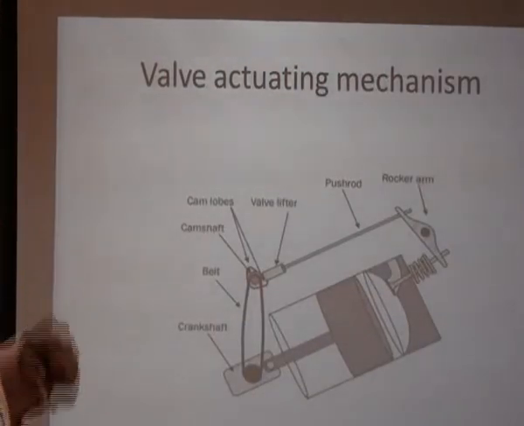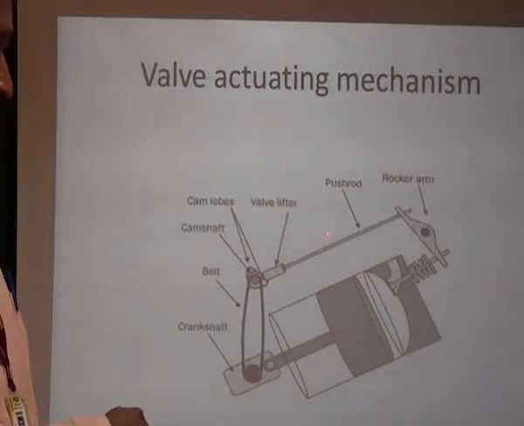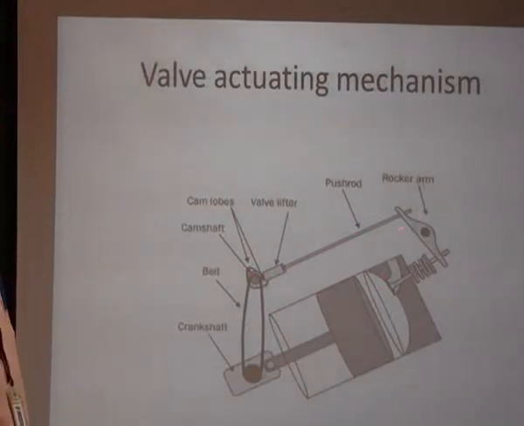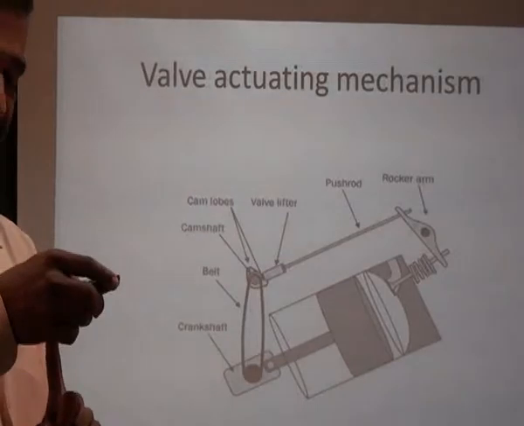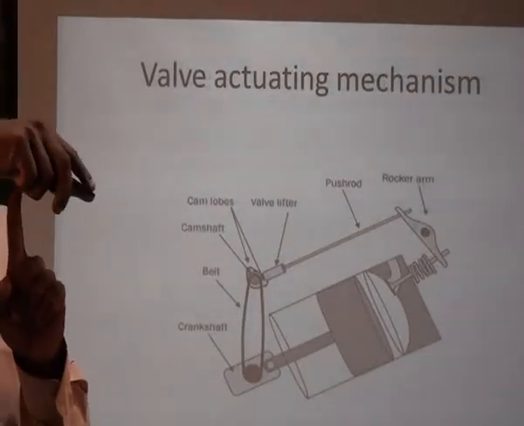I was telling about the push rod and all. You can see here, it's a crankshaft, a belt or chain, the camshaft is rotating. When the camshaft has the bump, the valve lifter works, the lifter is pushing the push rod upwards, and it is connected to one end of the rocker. When it is pushed up, what happens? This end will come down, will come down, will come down.